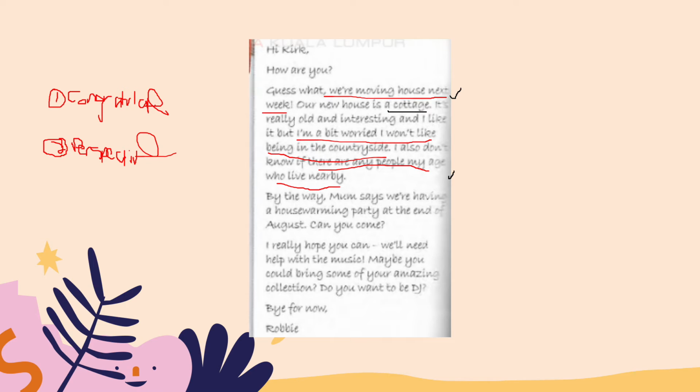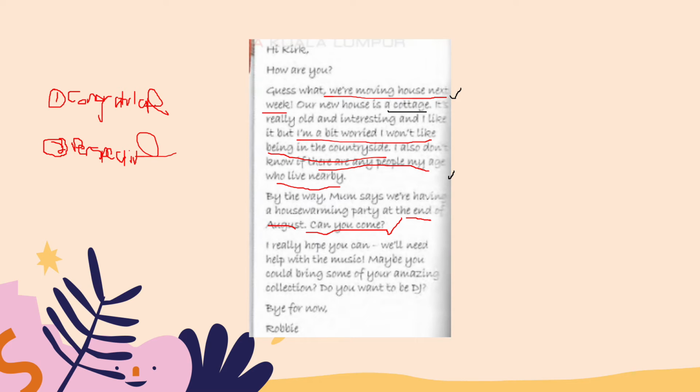Mom says we are having a housewarming party at the end of August. Can you come? So you need to respond to his invitation, whether you can come to the housewarming party or not. If you can come, just simply say, yes, I would love to come to the housewarming party. If you can't, if you are unavailable at the end of August, he already mentioned the date, you can simply mention, I am sorry that I am not available on that date due to.